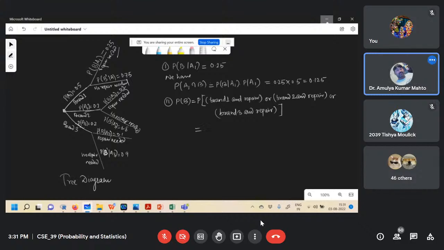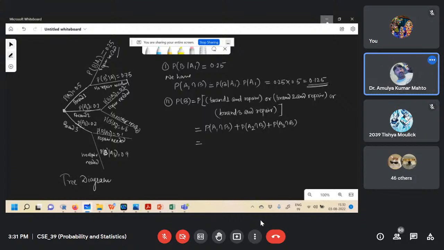So you can rewrite this by adding the probabilities, and these are brand 1 and repair, brand 2 and repair, brand 3 and repair, all three being independent. So you can write it as the probability of A1 and B, plus the probability of A2 and B, plus the probability of A3 and B. You can calculate each of these using the same idea I used here.